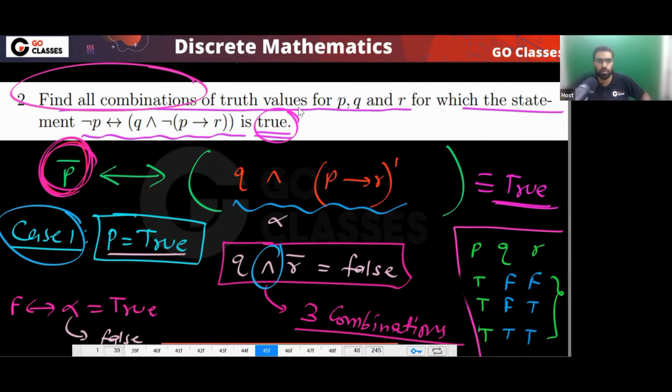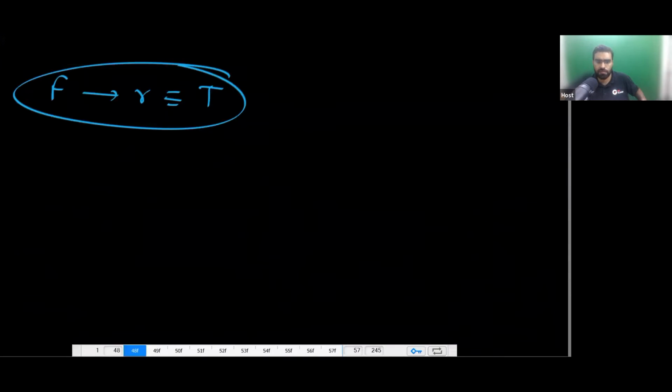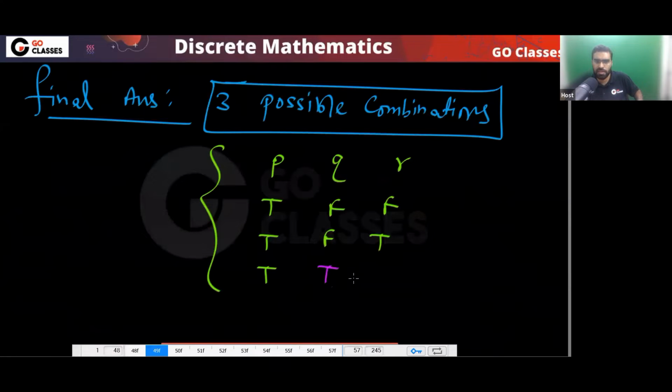These are the possible combinations, because this is R bar. This is Q and R bar. So you can see this is Q and R bar. FF, FT, TT. So this is your answer.